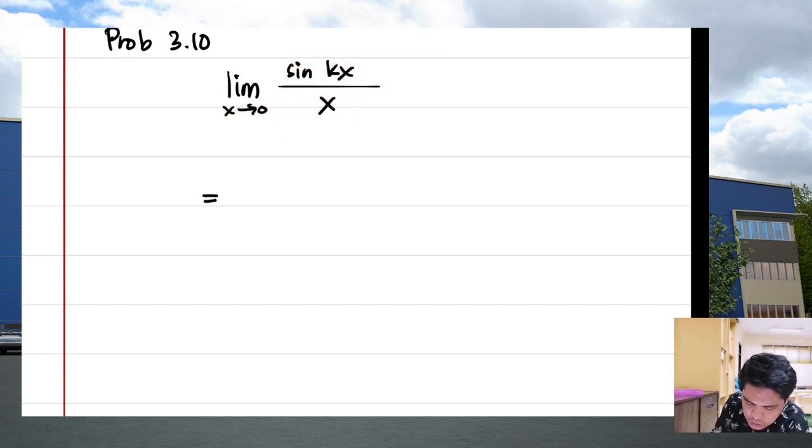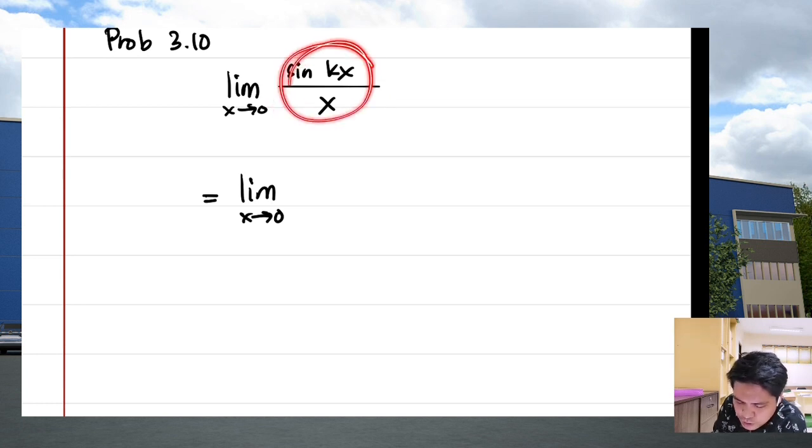So what we will do for this particular problem is we'll introduce k to the denominator. Pero so that di mabago yung value, we need to multiply this by 1 in the form of k. What I mean is we need to multiply that by k over k. So k over k is simply 1. Diba?